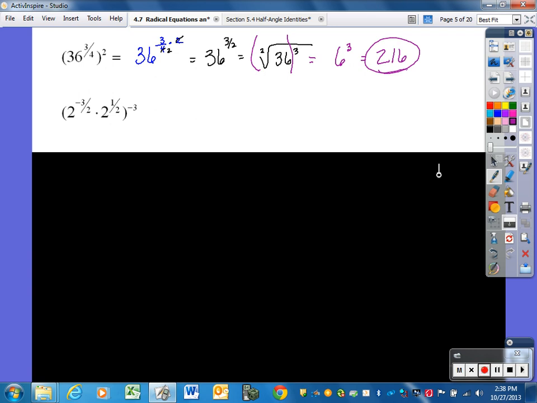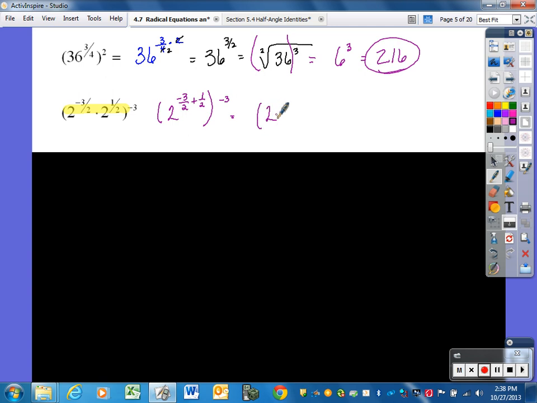All right. I have two things happening here. Multiplication and then raised to a power. So if we do this multiplication part first, I would add my powers. So first, I would have 2 to the negative 3/2 plus 1/2. Then I'll raise it to a negative 3.